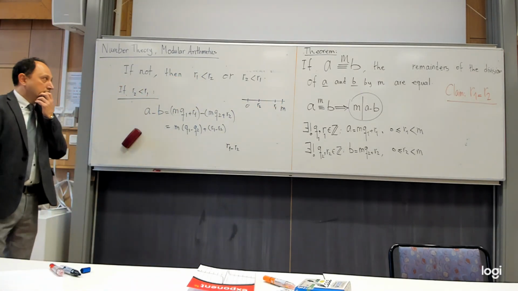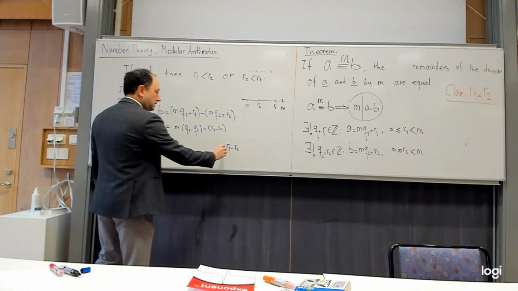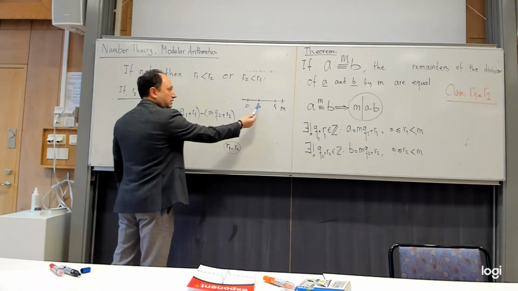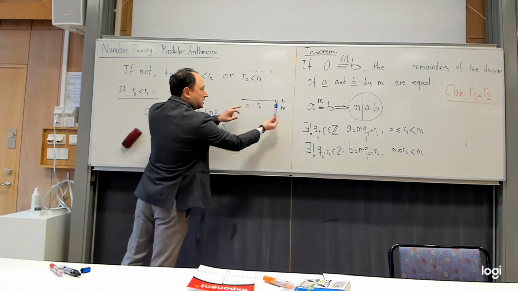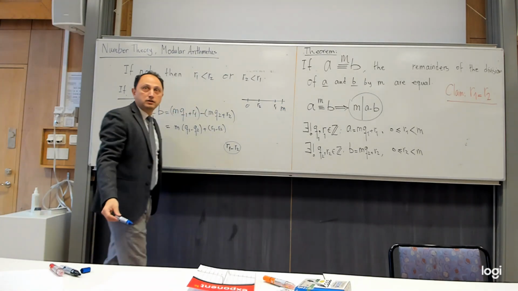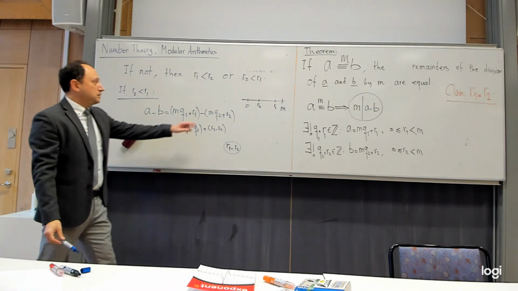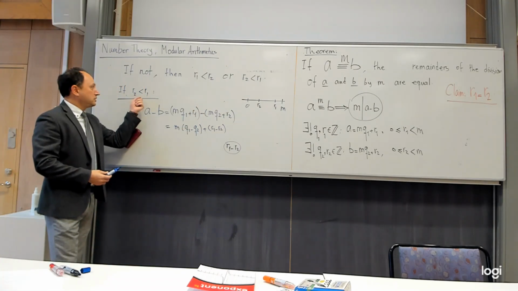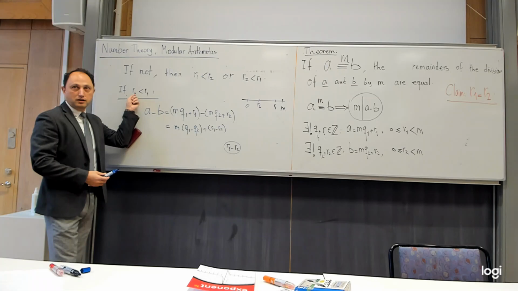Yes? Can you tell me, can this number be larger than m? R1 and R2 are in this area. Can R1 minus R2 be beyond m? Or can it be below 0? You see, below 0 it cannot happen because I am assuming that R1 is greater than R2.